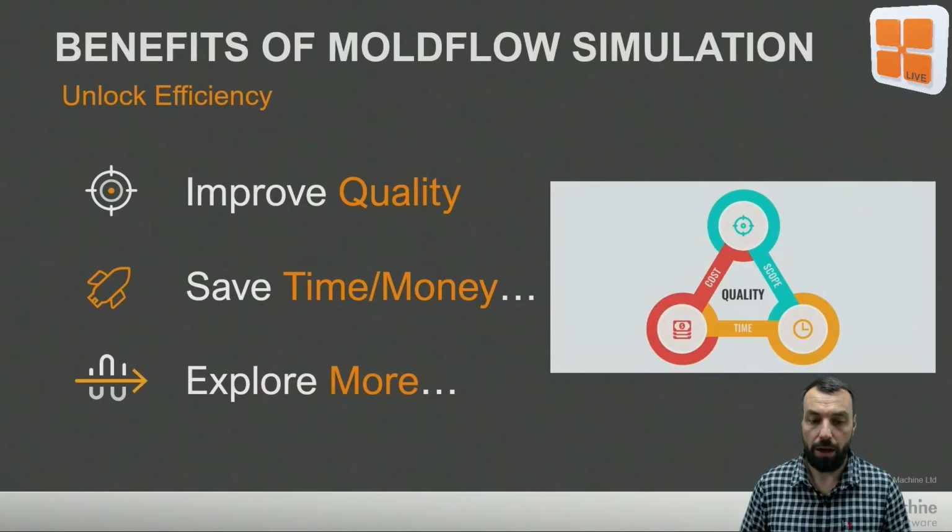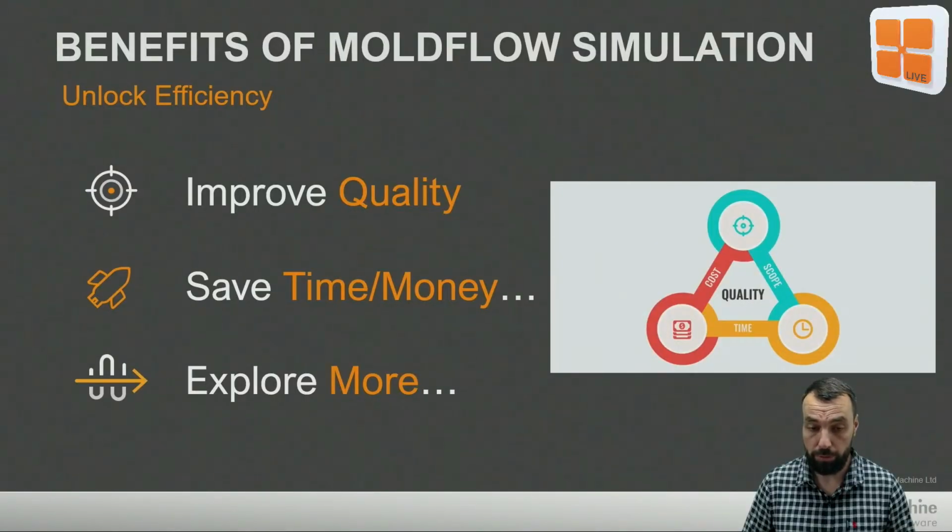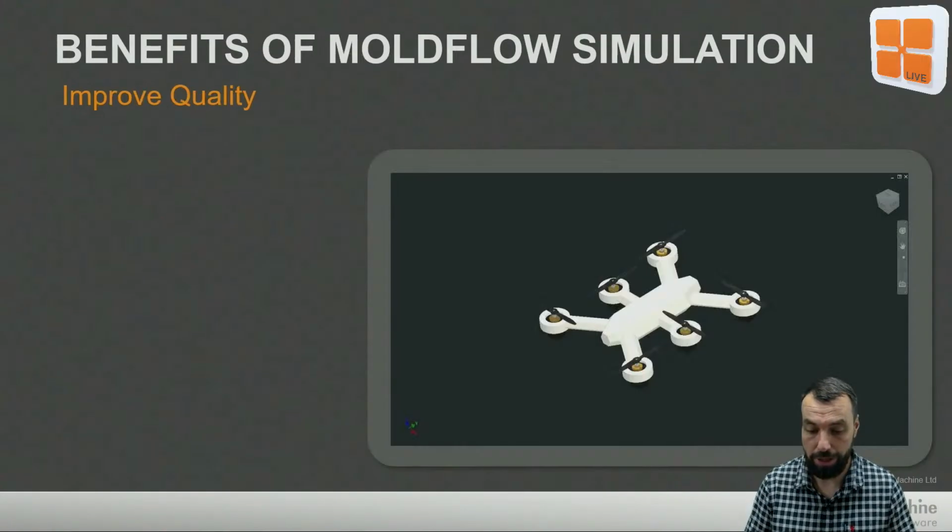And to be clear, I do see time and money being a very similar field. I know they're not the same thing, but often enough they contribute to the same place. People's time costs money at the end of the day. So yeah, we're going to try and use Moldflow, or at least realize a few tools within Moldflow that can hopefully help us save time, improve quality, and explore more iterations early.